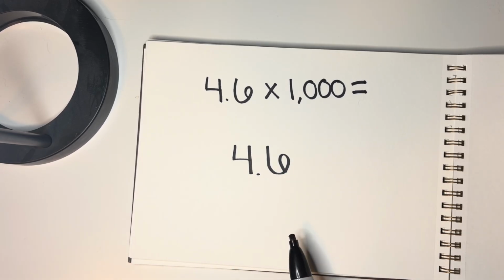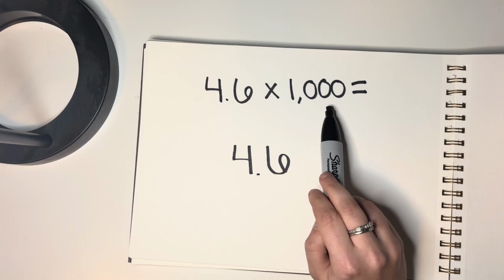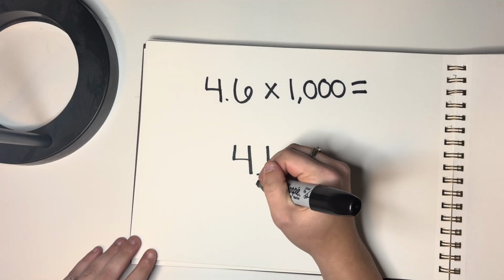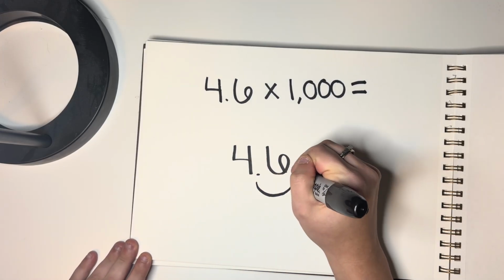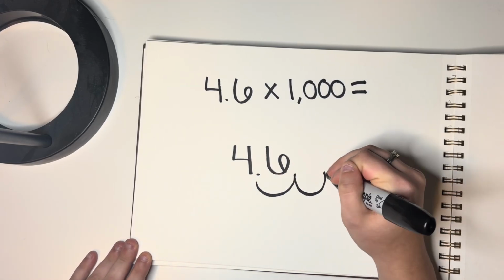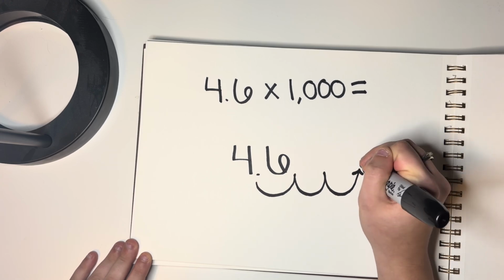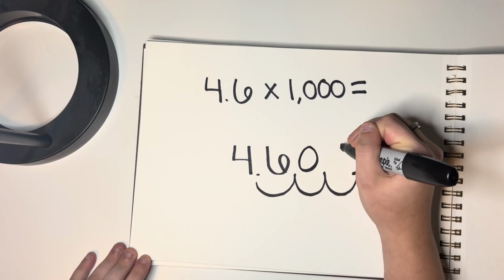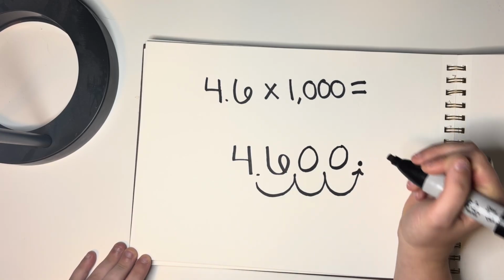And I'm going to multiply by however many zeros I have in my multiple of 10. In this case, I have 1, 2, 3 zeros because I'm multiplying by 1,000. So I'm going to move my decimal 3 places to the right. 1, 2, 3. And again, I am going to make sure I fill my empty valleys with zeros.